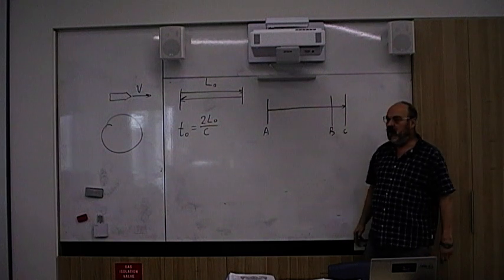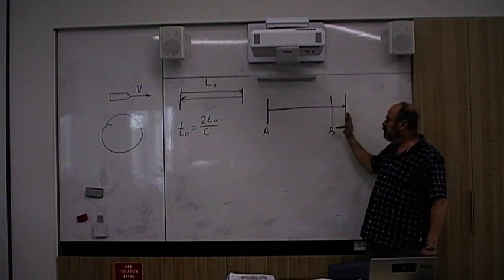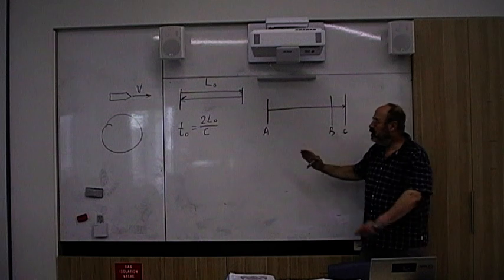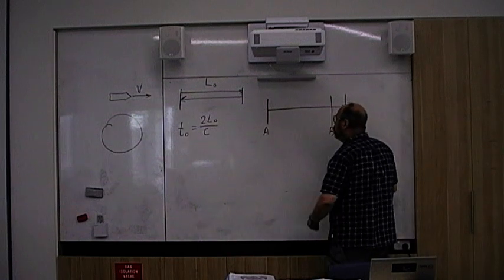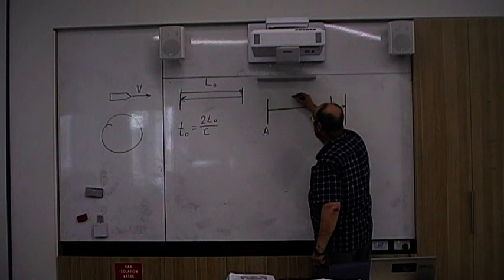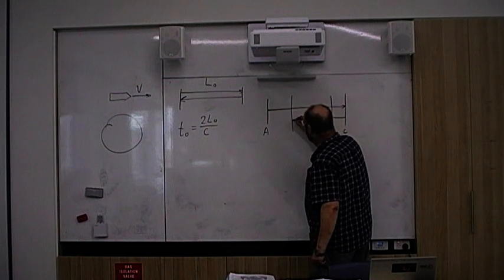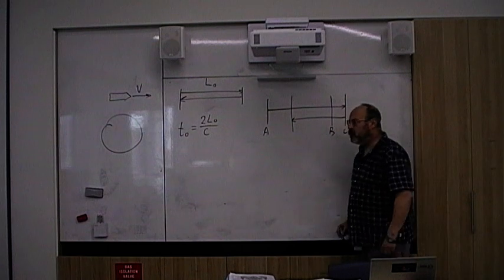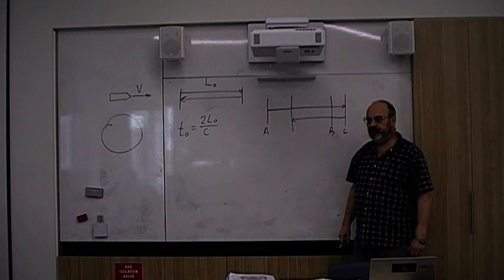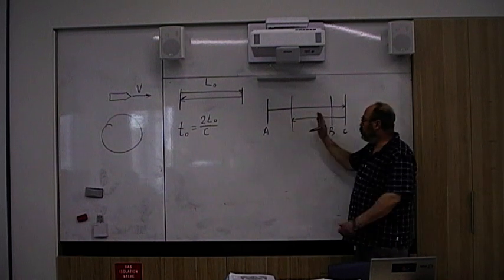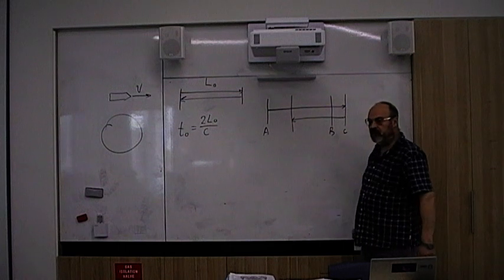Because this mirror moves. Now, when light bounces back, and this is moving, the person from the Earth, stationary, will observe that light now travels back to this mirror a shorter distance. Because the clock is moving to the right.